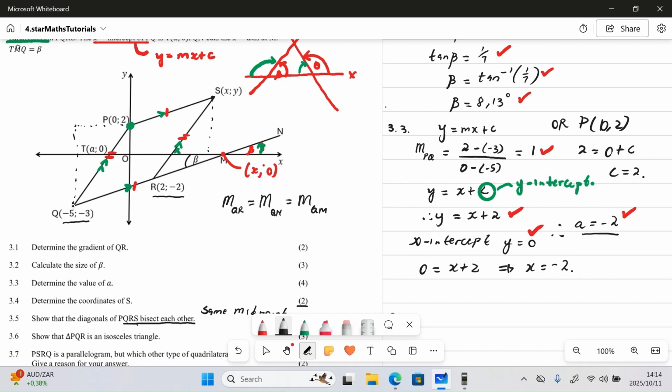When I am at Q, I want to go to R. I need to move horizontally these units and another unit vertically.